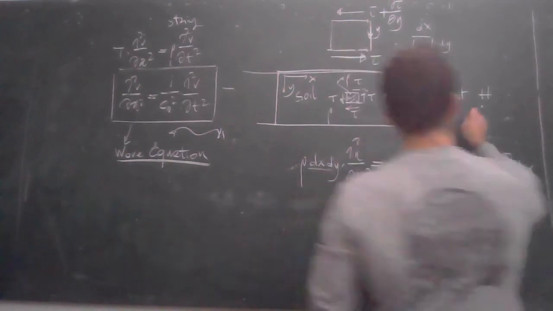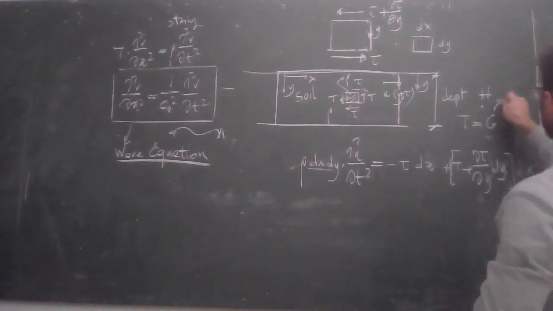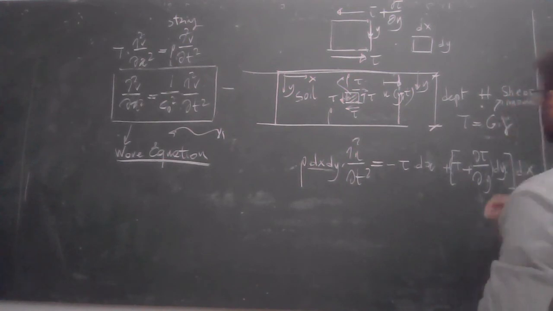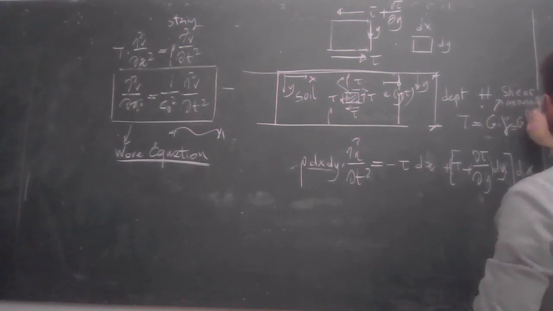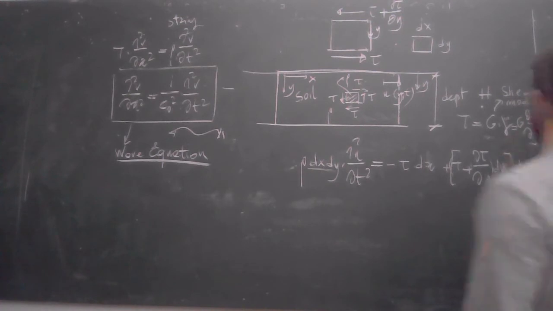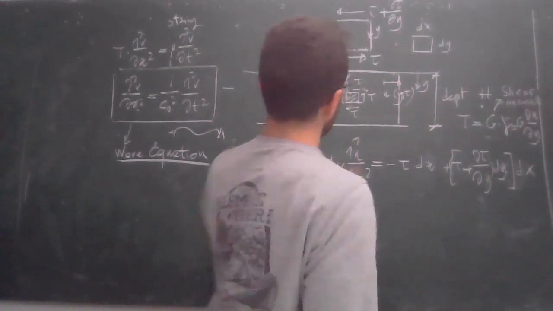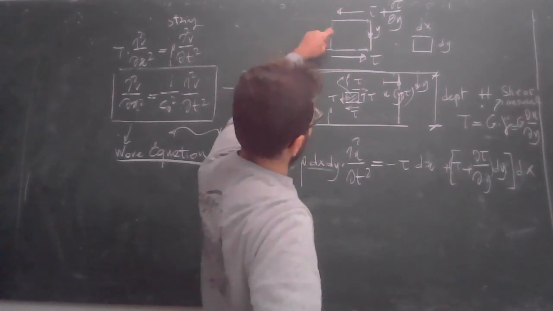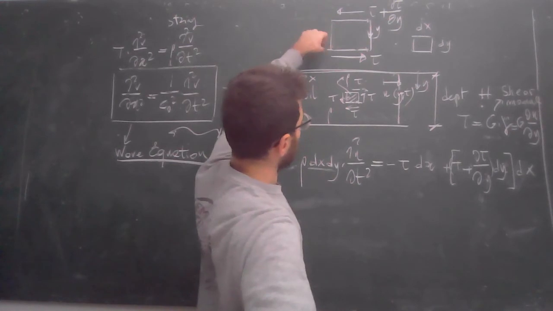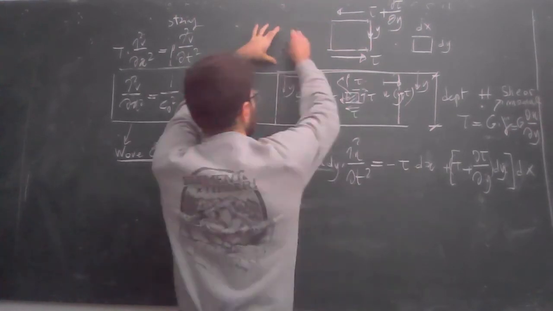Right. But tau is G, the shear modulus, times gamma, which is the shear strain. But the shear strain is du over dy, because we are looking for the variation of the displacement in the vertical direction, which is y.